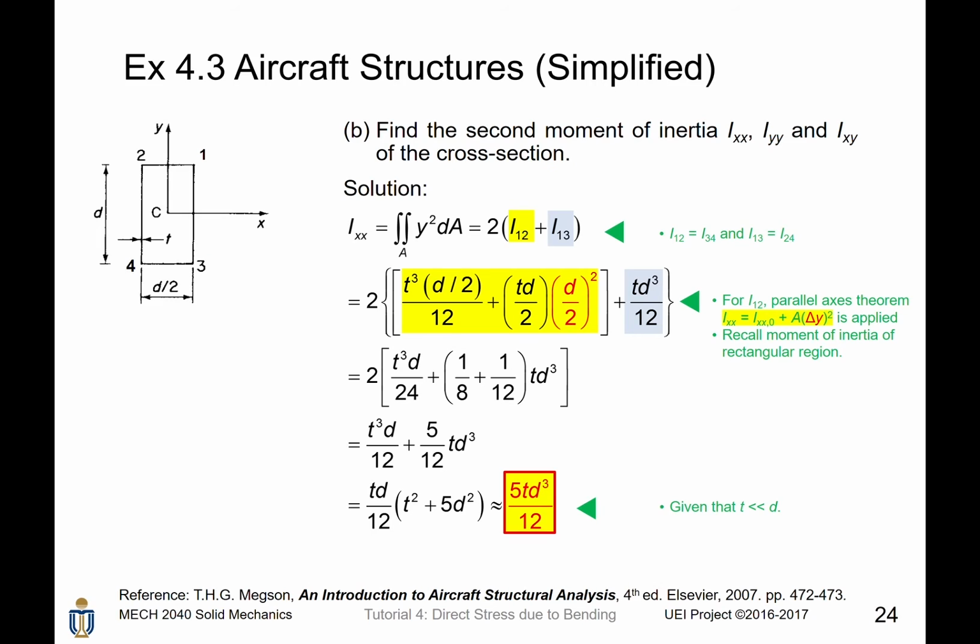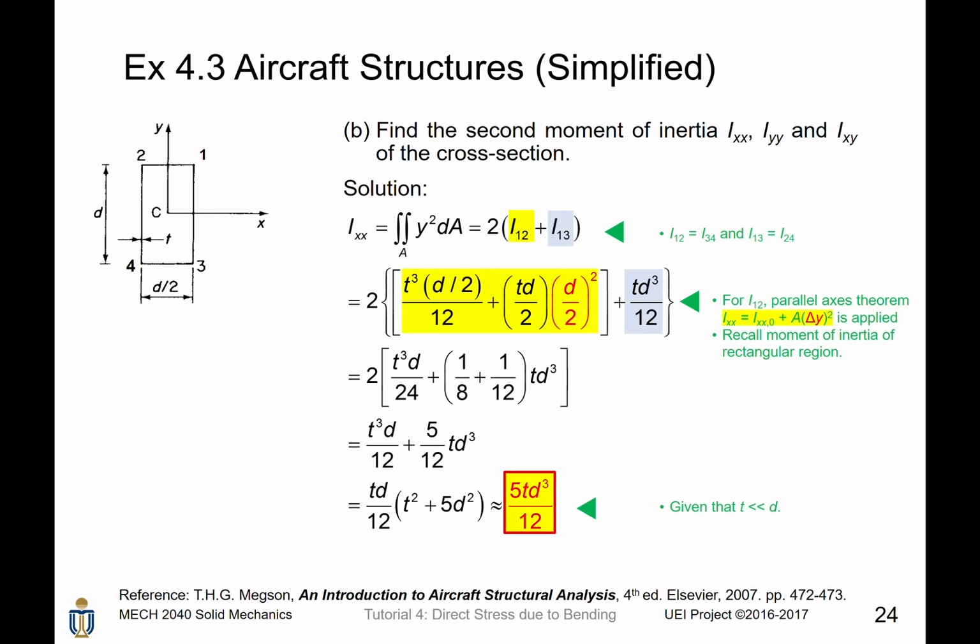Now let's find the second moment of area, Ixx, Iyy, and Ixy of the cross-section. For Ixx, it is the integral of y squared dA over the entire region A. It is 2 times I12 plus I13, because I12 equals I34 and I13 equals I24.